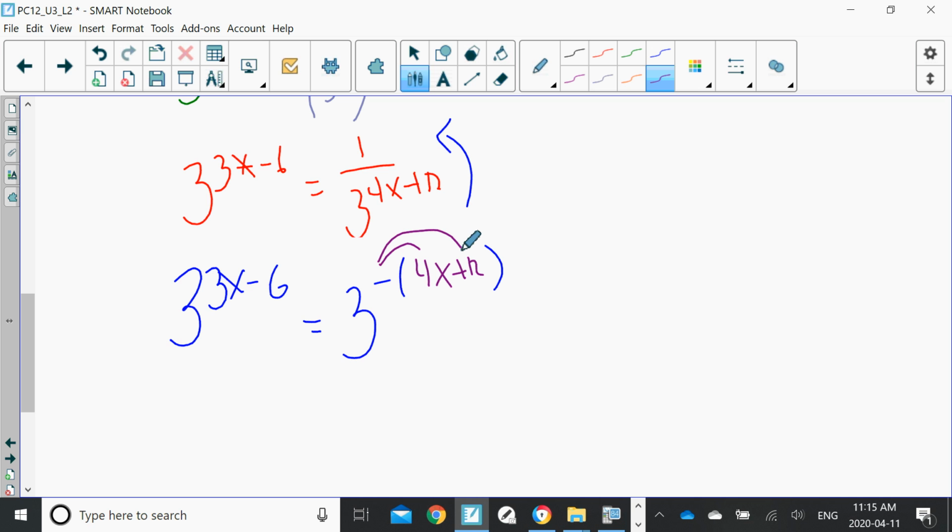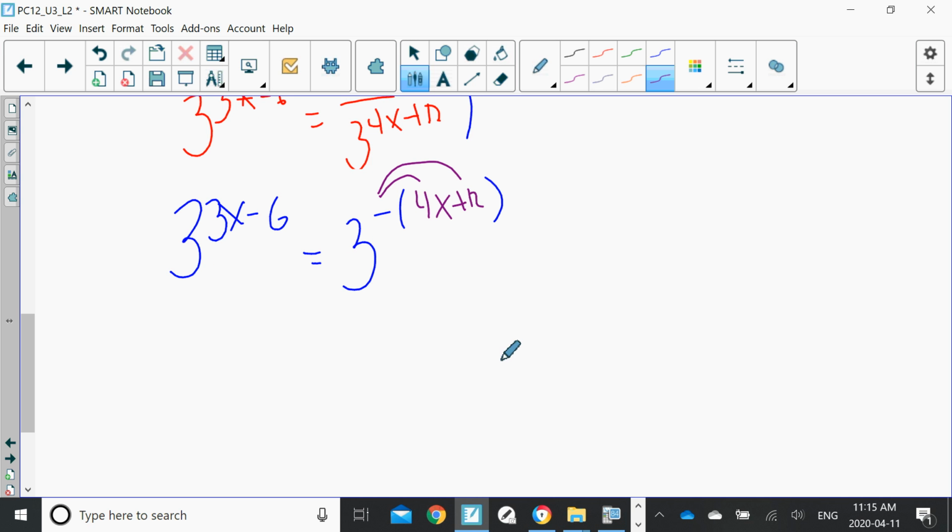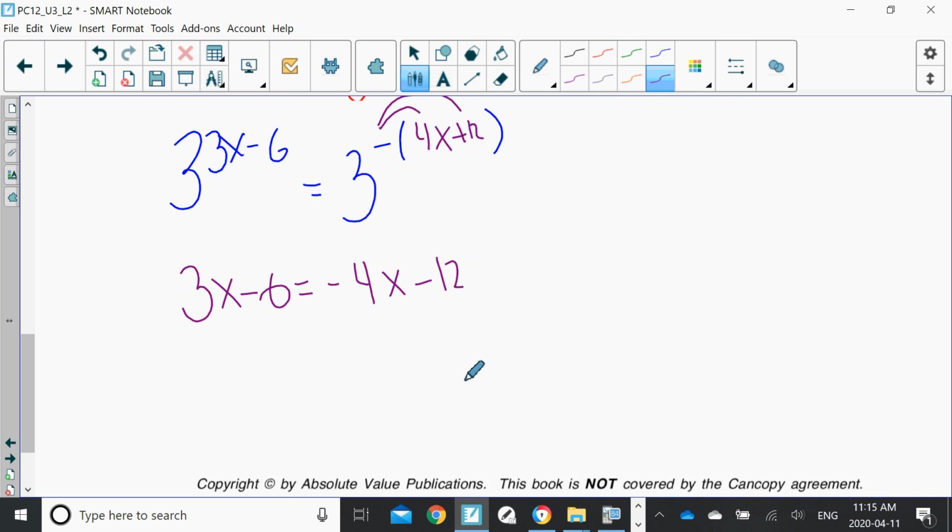And remember, at this step here, I essentially have the same bases, so I could drop my bases, and I get 3x minus 6 is equal to negative 4x minus 12. And at this stage here, we're just going to isolate and solve for x, right? So let's add 4x to both sides.